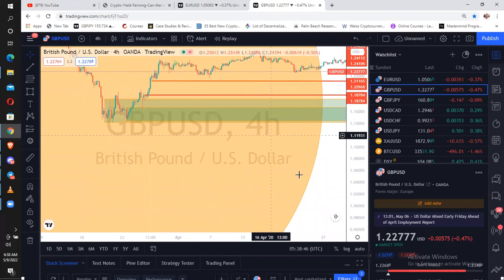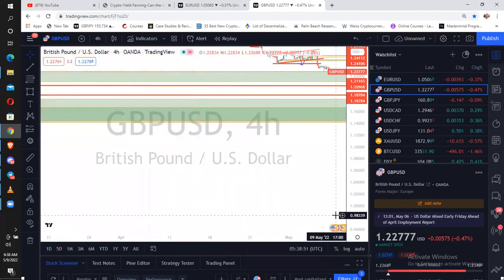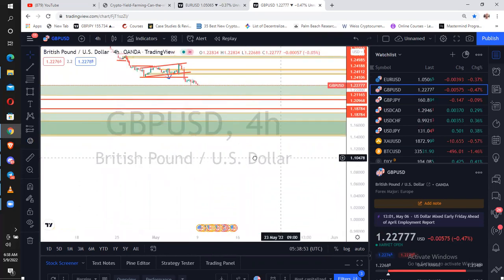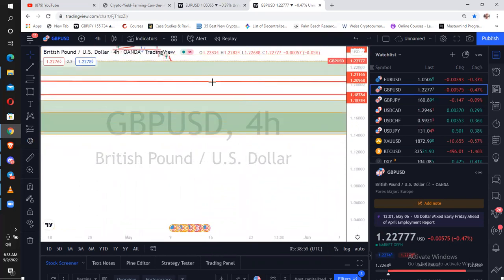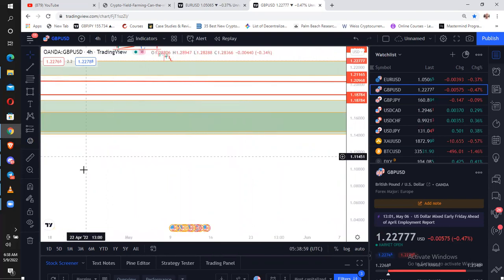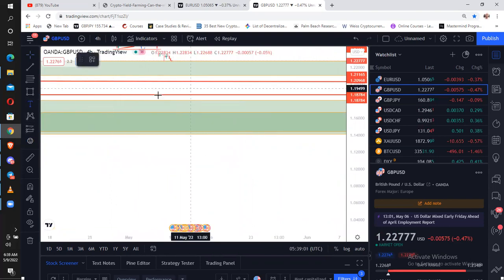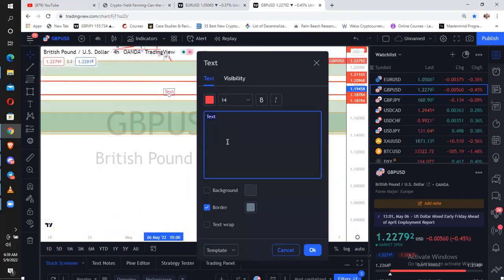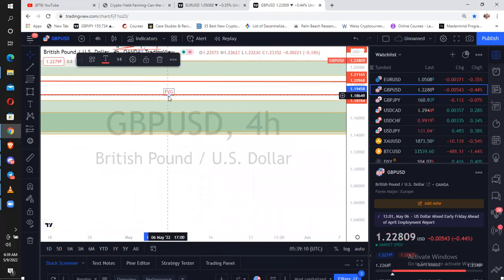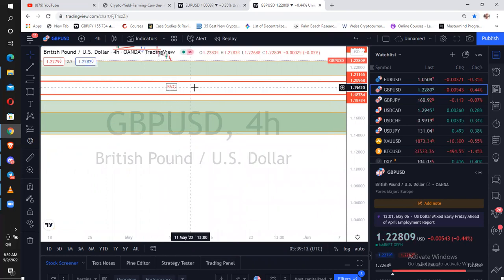So now that we have seen this, guys, can we go to where the market is and see what these guys are likely to do? So this particular point here now is an FVG. There's a gap here.